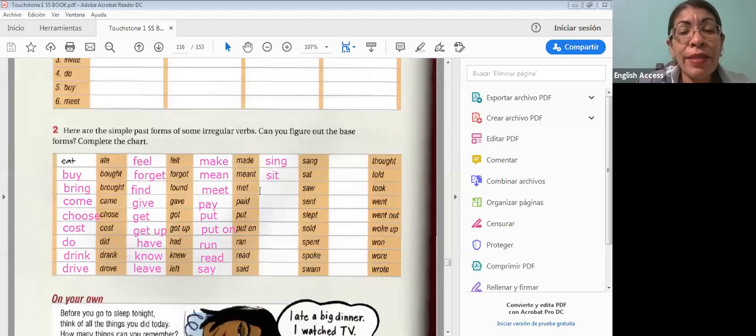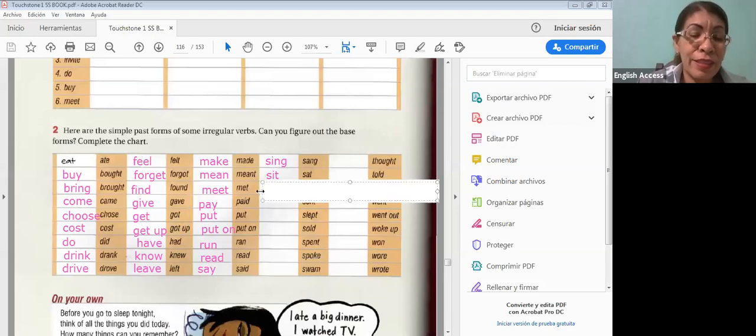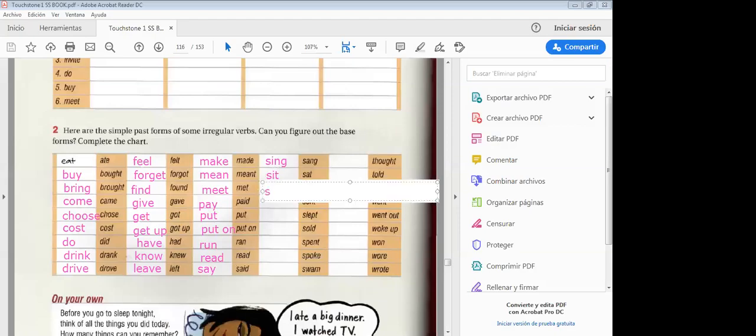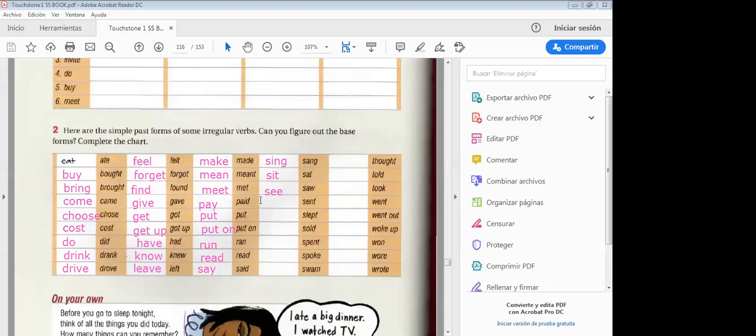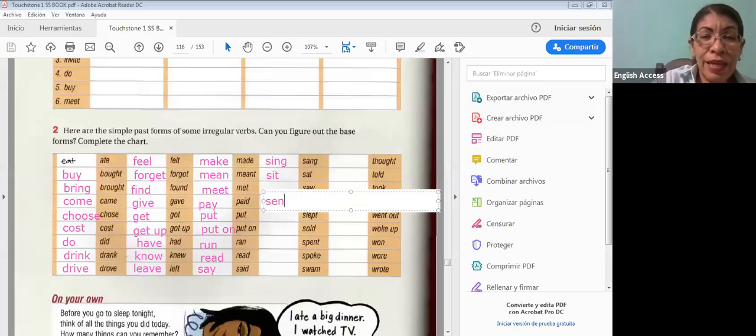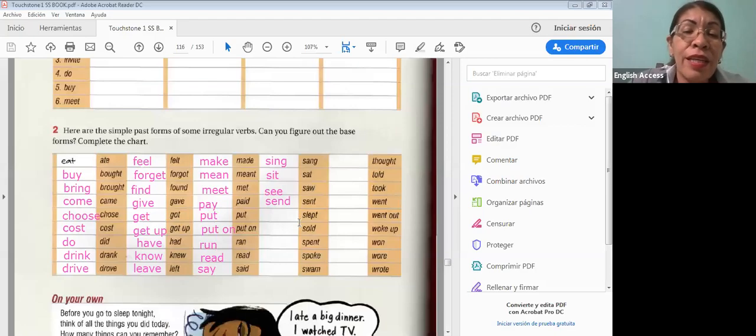Saw is the past of, see. Do you remember? See. Sent is the past of send. Yes, when you send an email, when you send a text message.